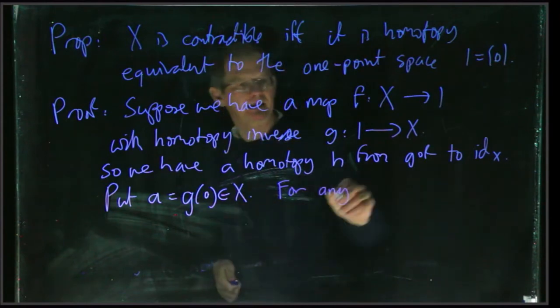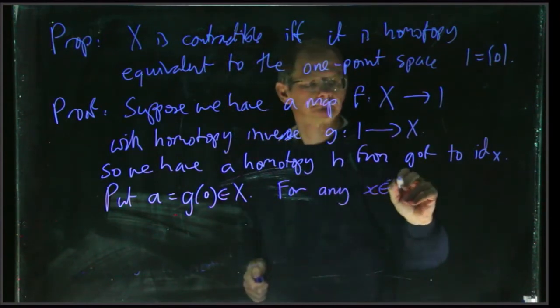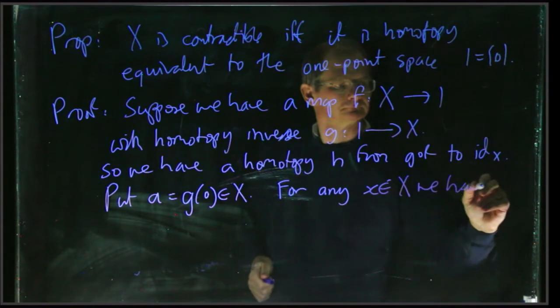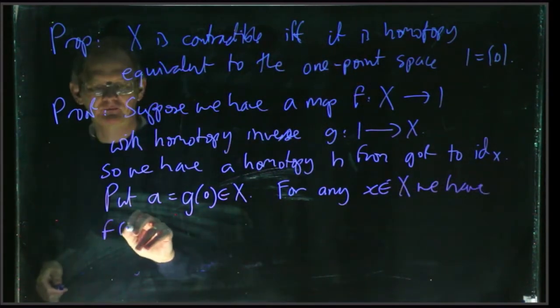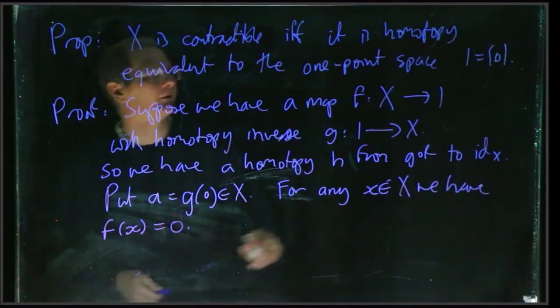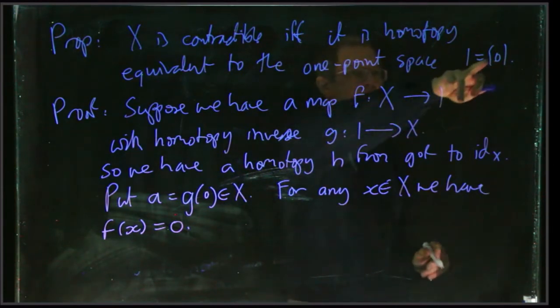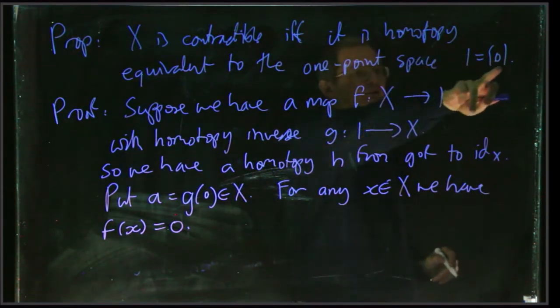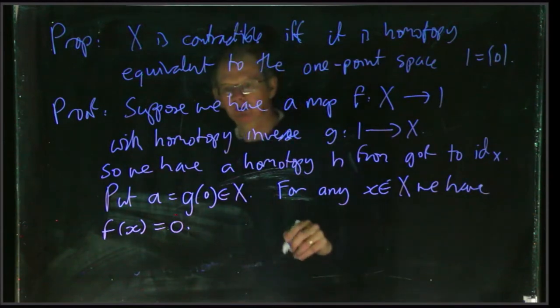And then for any x in X, well, f of x has got to be 0, right? I mean, f is a map from X to this one-point set, so f of x just has to be the only point that it can be, which is 0.